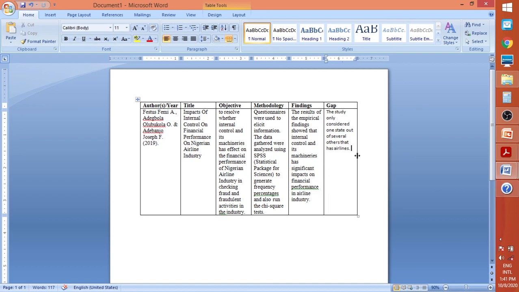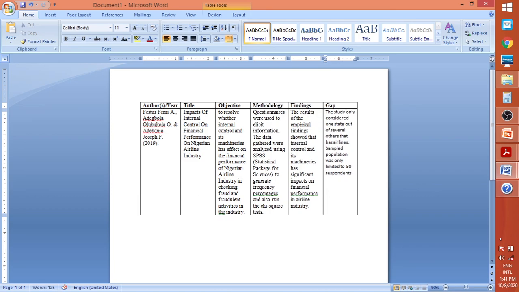So I could say that the sampled population was only limited to 50 respondents, which you can go further to say is not a good number of people to use to judge the large population of people that actually visits the airline. With this we are done with the article review of that very article.